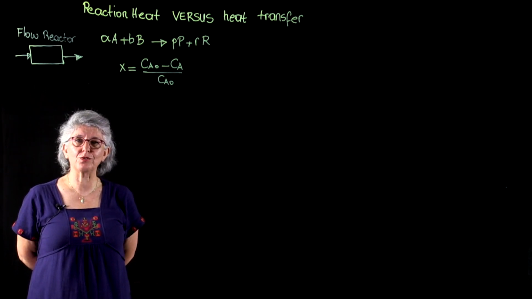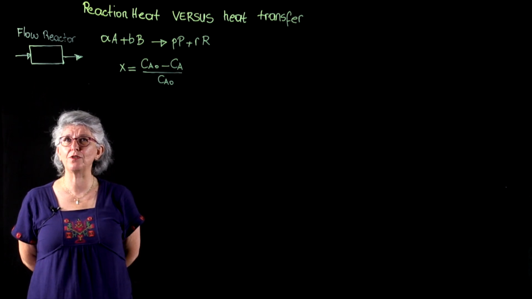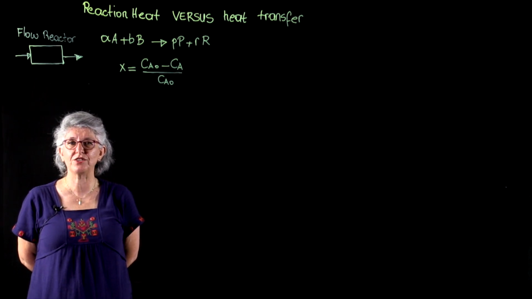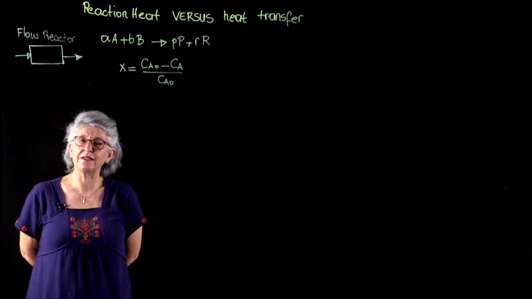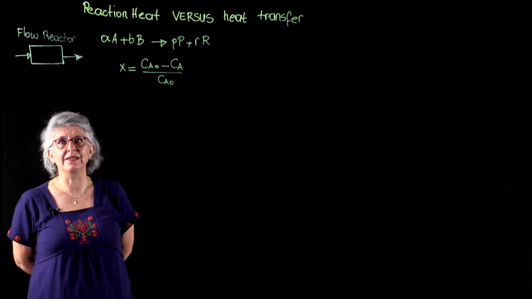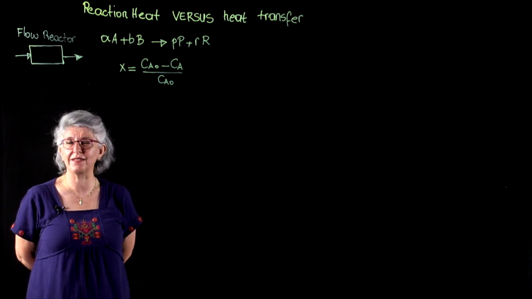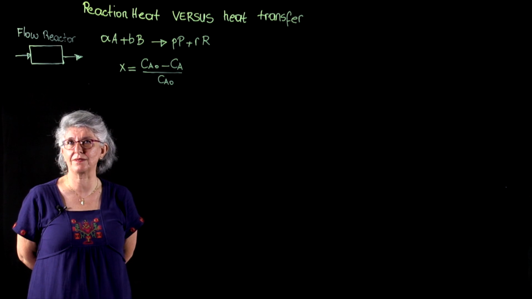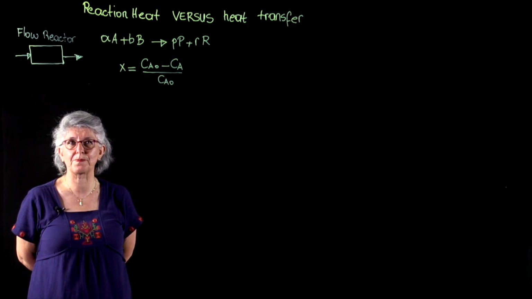The analysis we are going to conduct will be around a flow reactor, but this is going to be a general flow reactor. We are not going to identify whether it is a CSTR or a plug flow reactor. Therefore, it is a generic rectangular box representing our reactor.